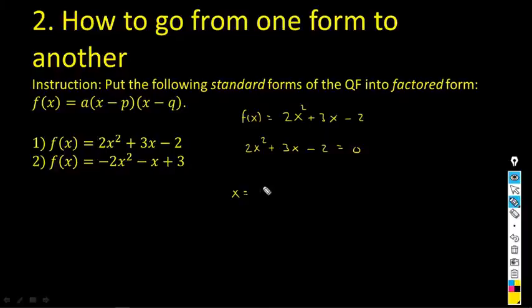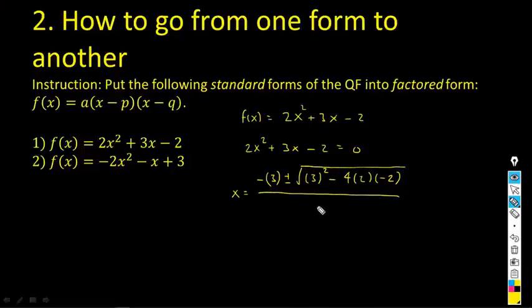X will be minus b, which is 3, plus minus the square root of b, which is 3 squared, minus 4 times a, which is 2, times c, which is minus 2. All of that over 2 times a, which was 2.